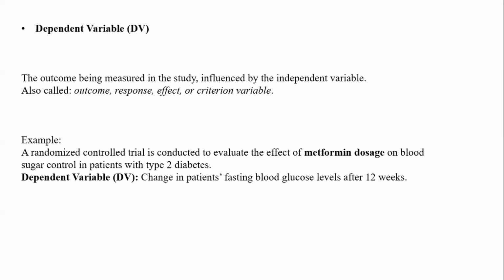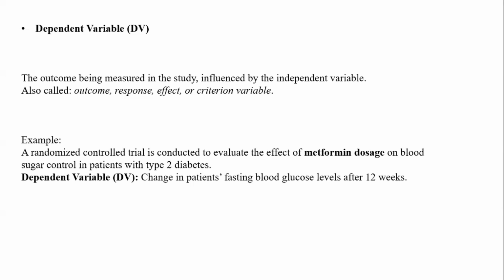Example, a randomized controlled trial, the same example we used previously for the independent variable. A randomized controlled trial is conducted to evaluate the effect of metformin dosage on blood sugar control in patients with type 2 diabetes. What is the dependent variable in this case? The dependent variable is the change in patient fasting blood glucose levels after 12 days.